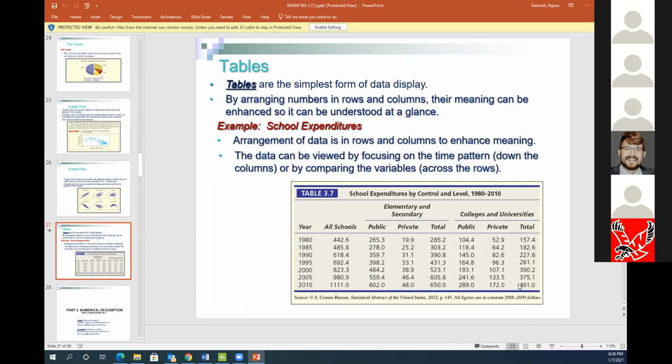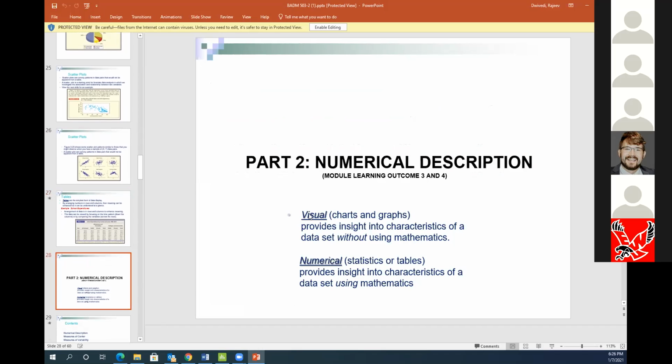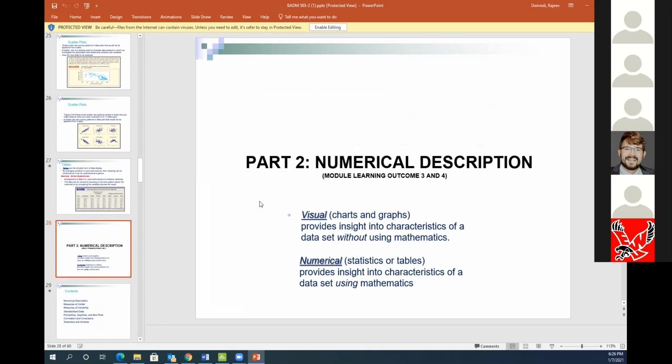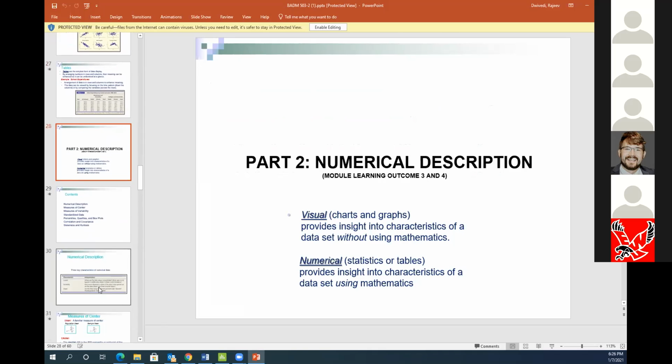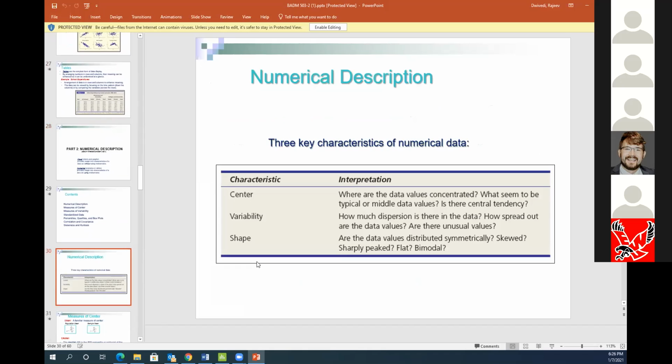So you can see in this table, you can understand all the figures very easily. So this is chapter number 3. Now we are going on to chapter number 4. Why are we doing this? To see the center, to see the variability, to see the shape. So these are the objectives of this chapter.